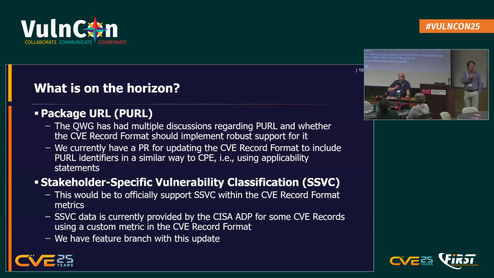So essentially it's something we put into the schema, the record format, quite a while back to allow for experimental fields, and in this case, custom metrics that we didn't anticipate. Well, we're talking about adding in official support for this, so following the specific SSVC schema and the properties that are allowed, and potentially moving the data that CISA has provided previously into this.